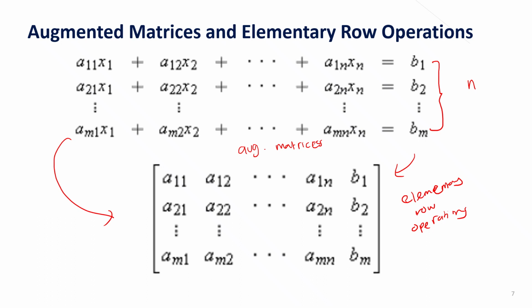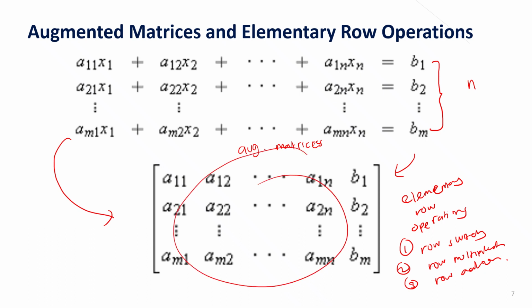Elementary row operations consist of row switching, row multiplication, and row addition. These operations are used to manipulate the matrix so it is easier to find the solutions, typically the end solutions of the matrix when it has been manipulated.